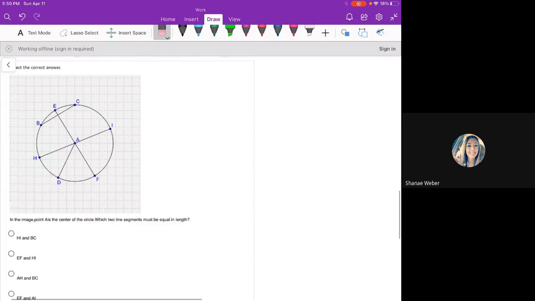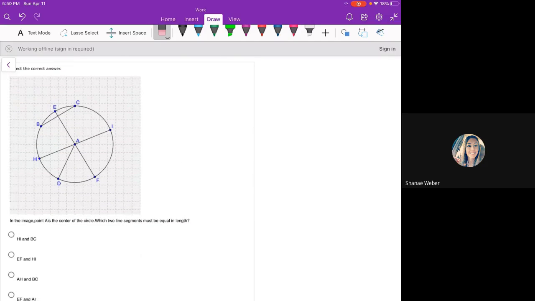So then the last question I'm going to go over is in the image, point A, I'm going to put that in pink. Point A is the center of the circle, which 2 line segments must be equal in length. So let's try the first one. It says HI and BC. So here's HI. Look at how long this is. It goes all the way across the circle. But BC just goes right here.